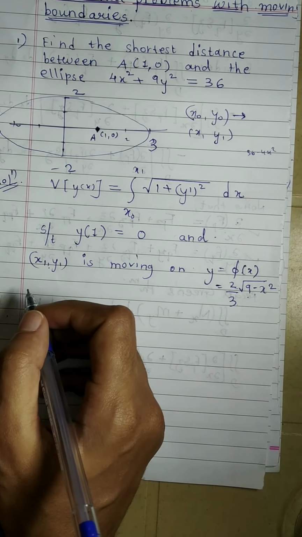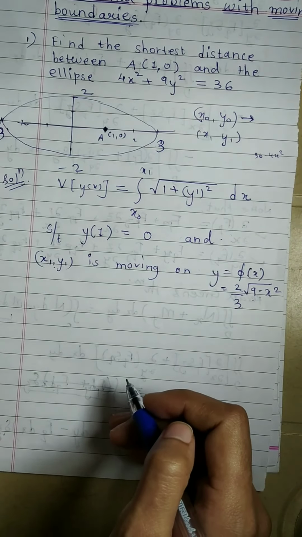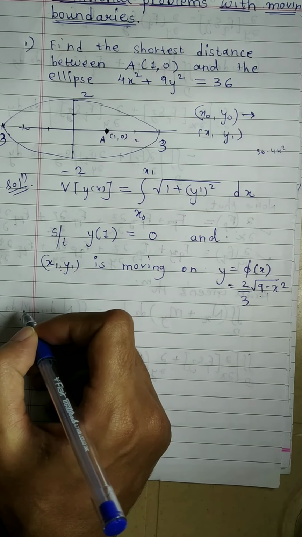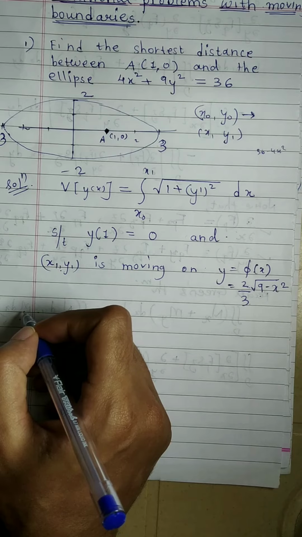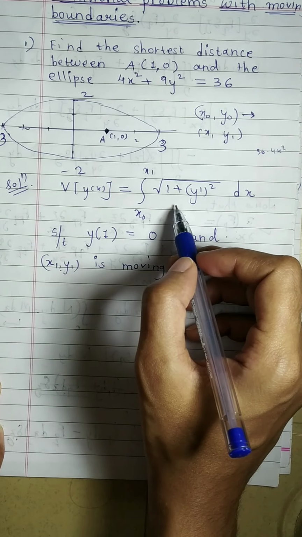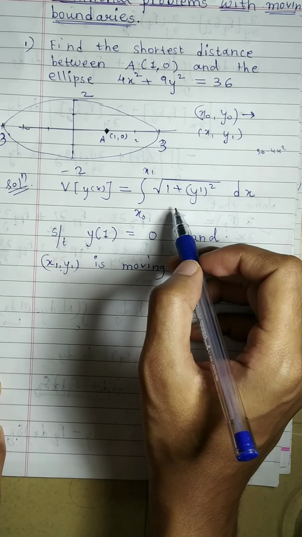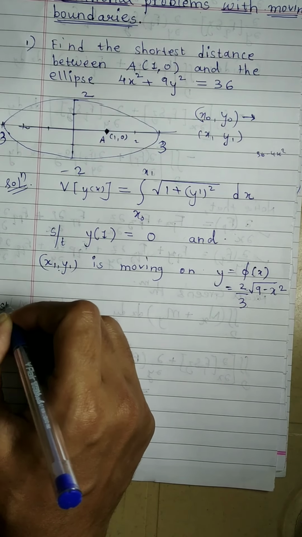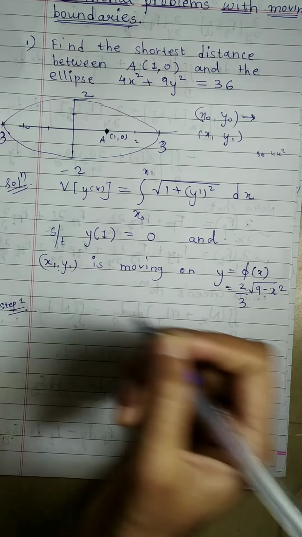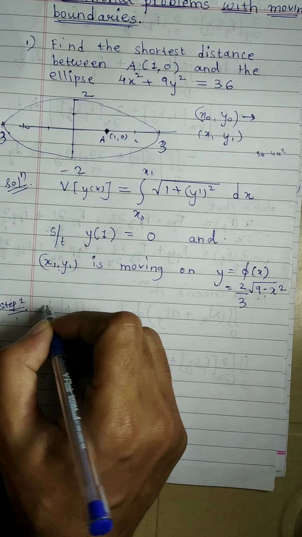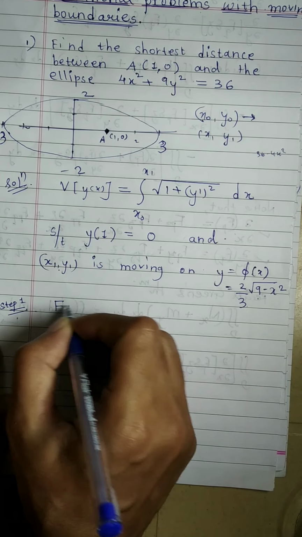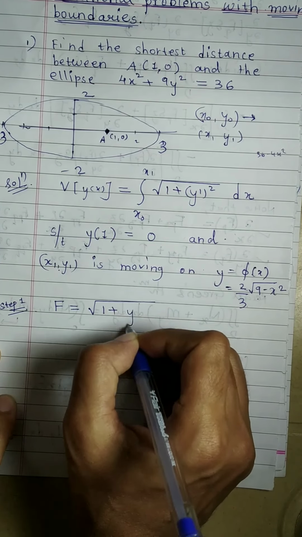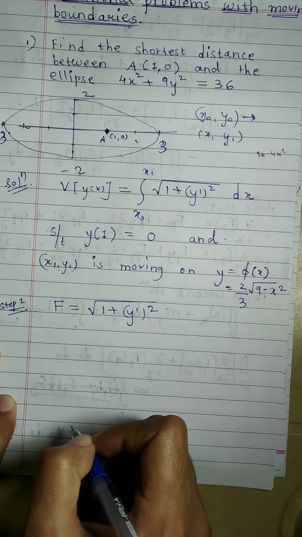So we will follow the steps that we have already noted down. The first step is to solve the Euler-Lagrange equation for this functional and find out the extremal curve. Okay, so step 1, capital F in this case is given by root of 1 plus y dash square.